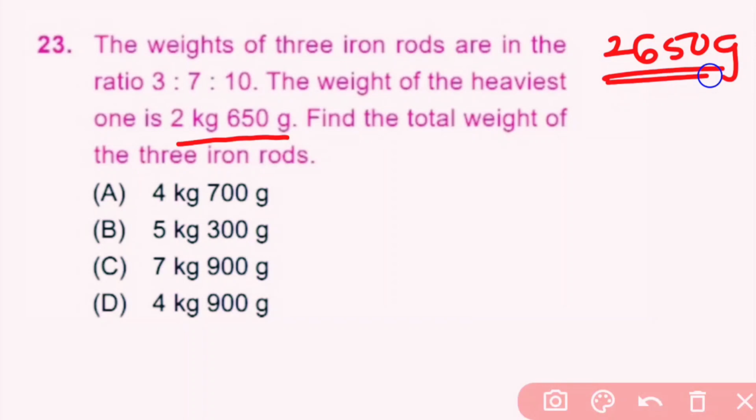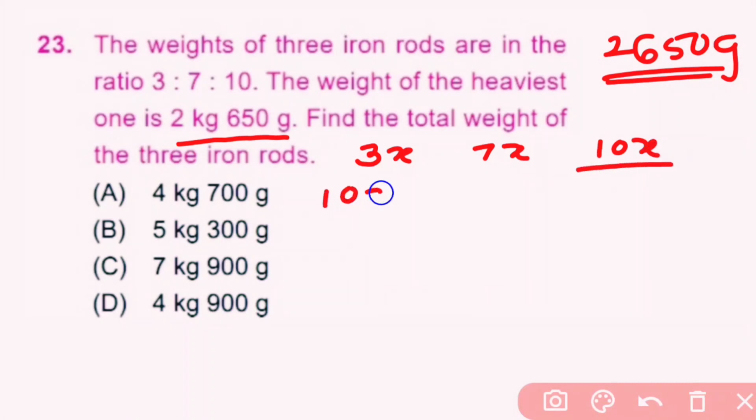Now here we take the weight of the first rod as 3x, second rod 7x, and third rod 10x. Among these 10x is the heaviest, and the weight of the 10x rod is 2 kg 650 gram, means 2650 grams.